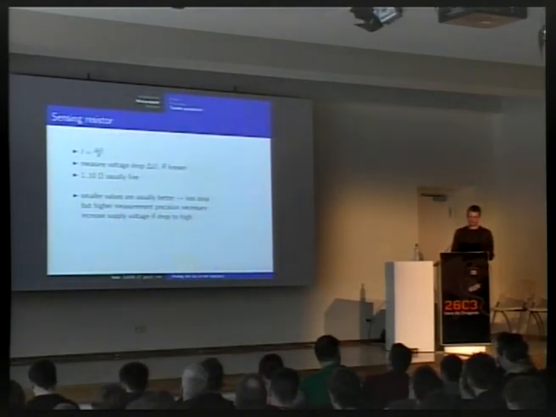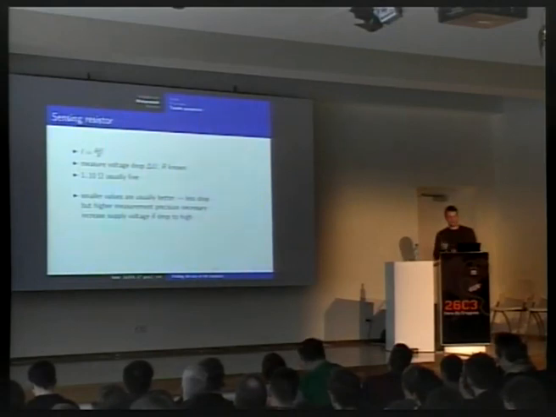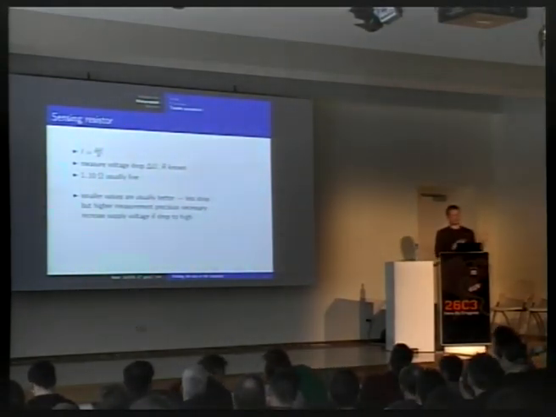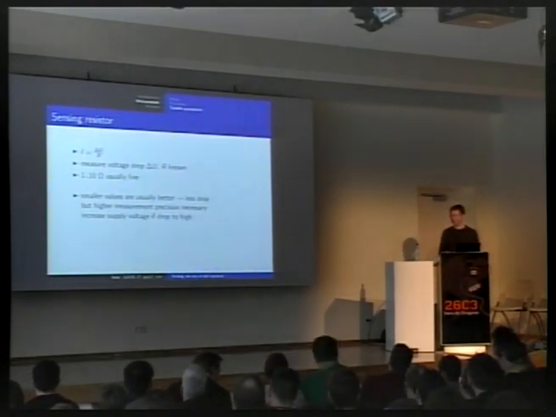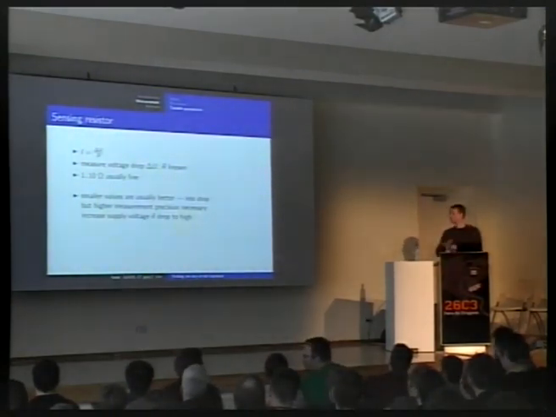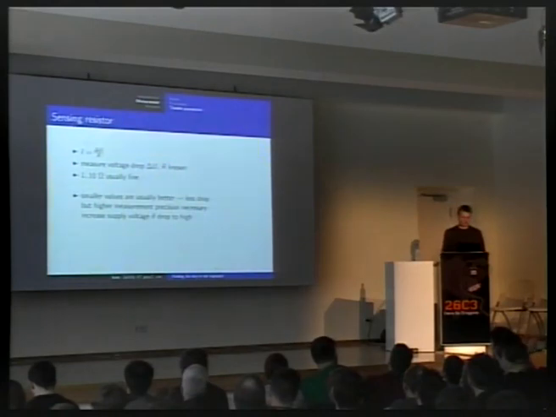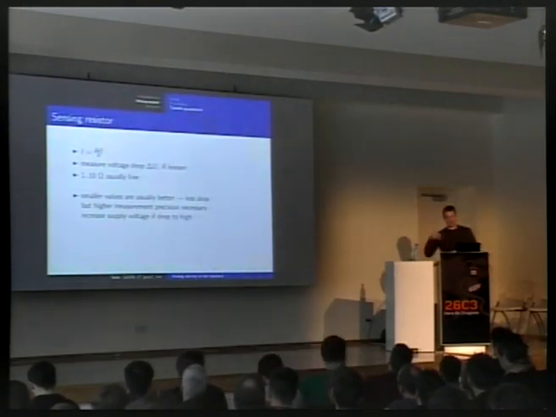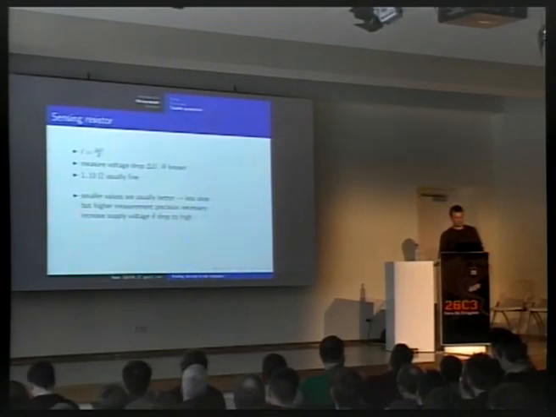But we often need to use higher resistor values because of the measurement precision. We'll get less precision if we use a smaller resistor, because then the drop is smaller, of course. So you always have to play with this value. And if the drop across the resistor is too high, you often can increase the voltage supply a bit, but be careful not to fry the device.